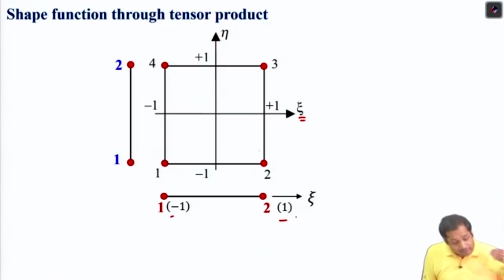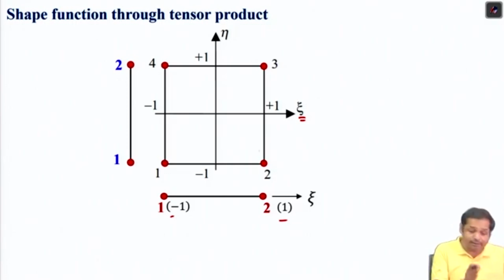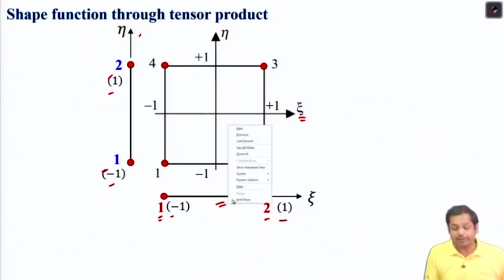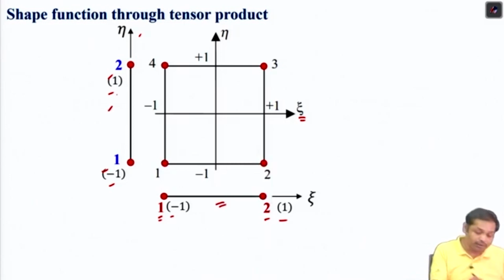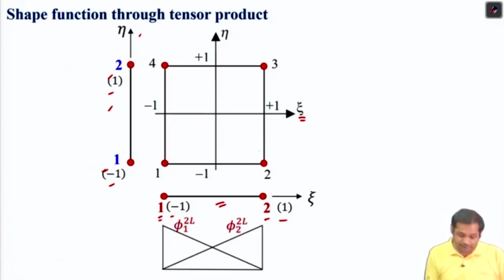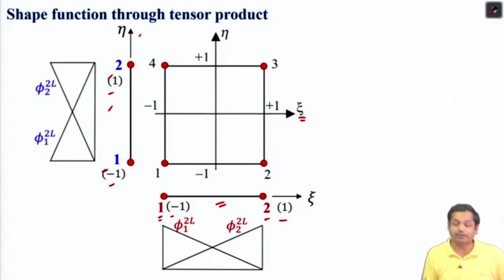And then assume another element in the eta direction, again with nodes 1 and 2, the element level nodes for this element, between -1 and 1. We already know the shape functions for this element in one dimension. This is the shape function for this, and this is the shape function for this.